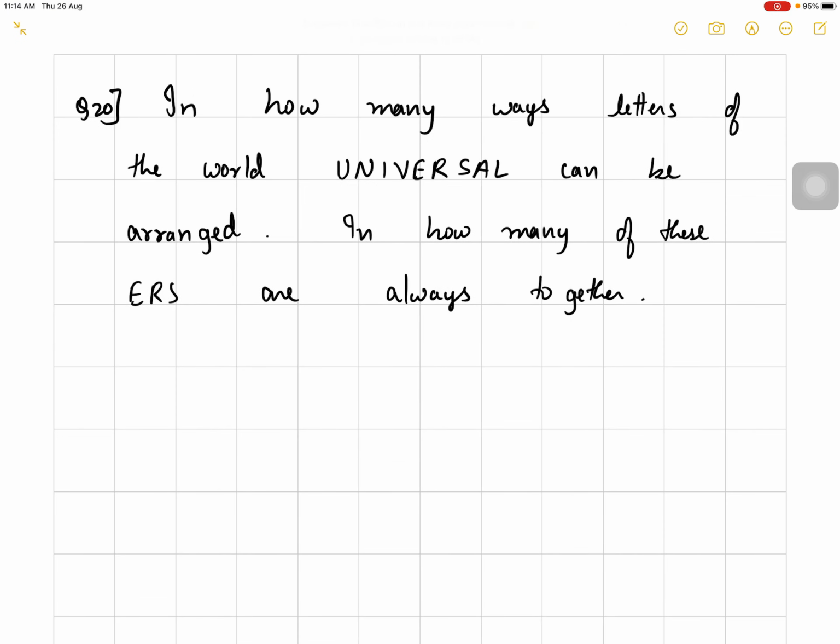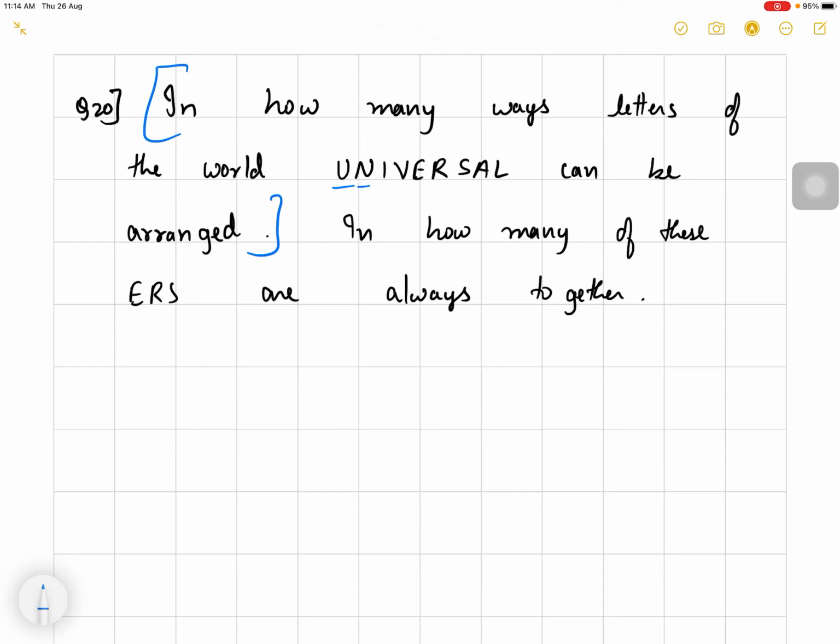Okay, question number 20. In how many ways can the letters of the word UNIVERSAL be arranged? In how many of these are ERS always together? Okay, so there are two parts in this question. First part: in how many ways can the letters of the word universal be arranged?